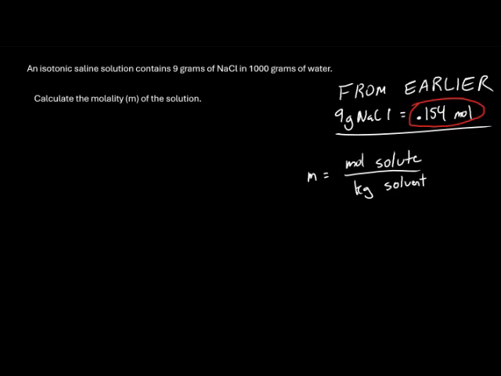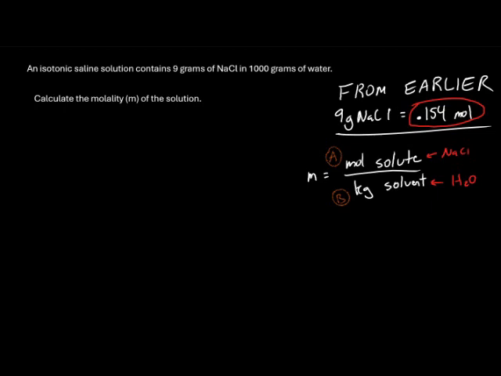Let's remind ourselves that the solute is the thing we're dissolving, that's NaCl, and the kilograms of solvent is the thing we're dissolving it in, water. So we will have another part A where we calculate moles, and a part B where we calculate the kilograms of just the solvent. Note that the molality depends on the solvent, not on the total solution. So in that it is slightly different from molarity.